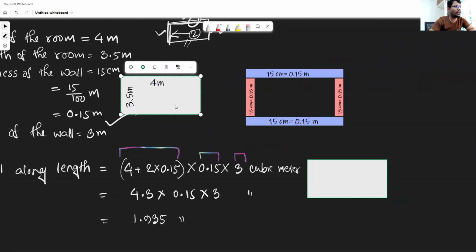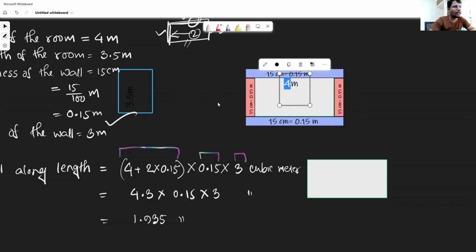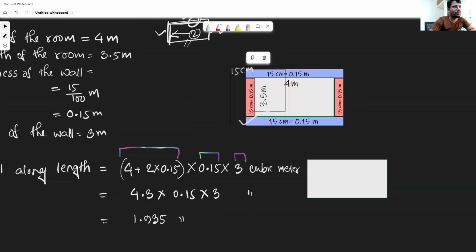So now this green colored part, the colorful part around the outside, is the wall. This is already given here as 4 meter, and this is given as 3.5 meter.